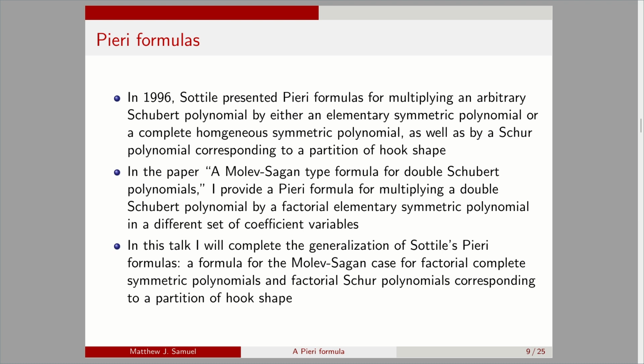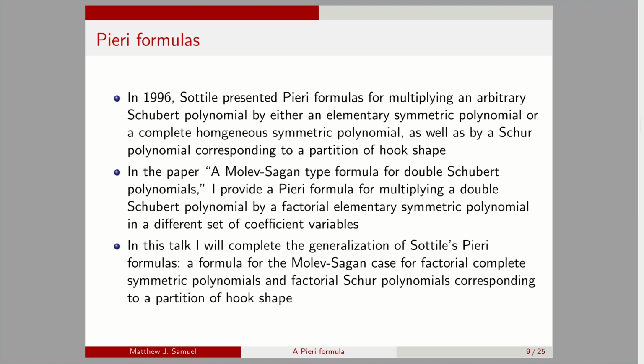So in the paper, a Molev-Sagan type formula for double Schubert polynomials, I provide a Pieri formula for multiplying a double Schubert polynomial by a factorial elementary symmetric polynomial in a different set of variables. So in this talk, I will complete Sottile's cases of Pieri formulas.